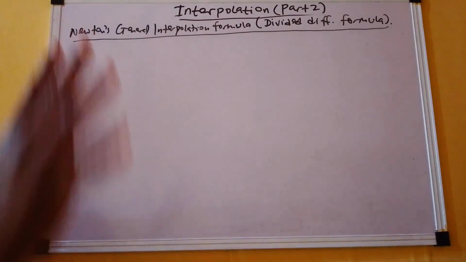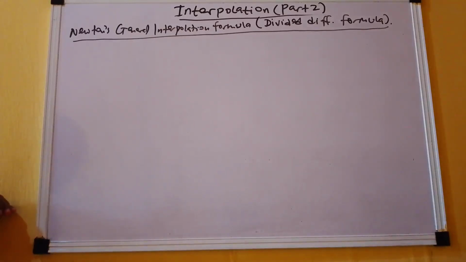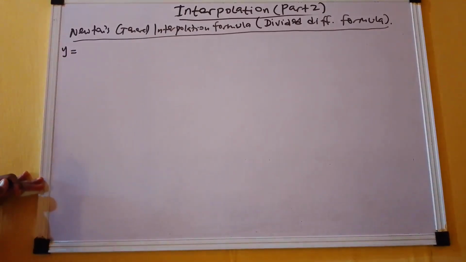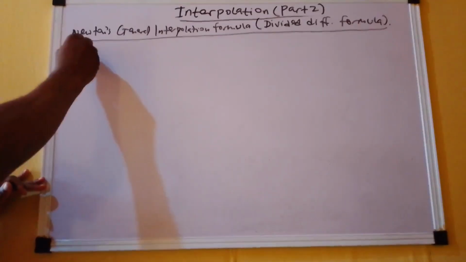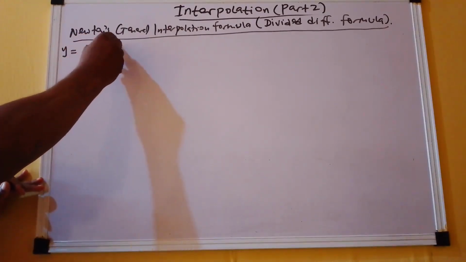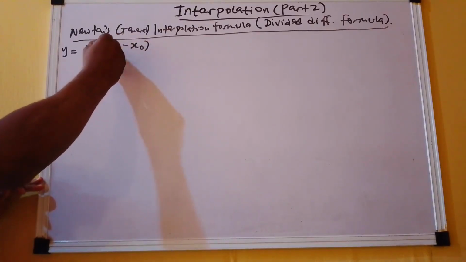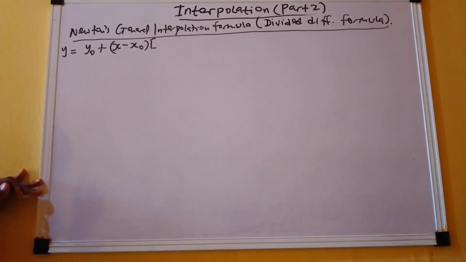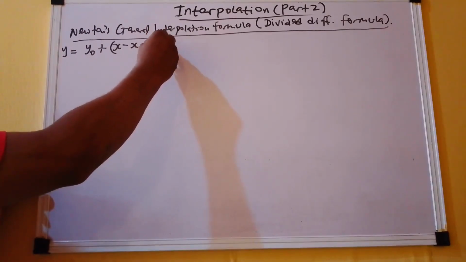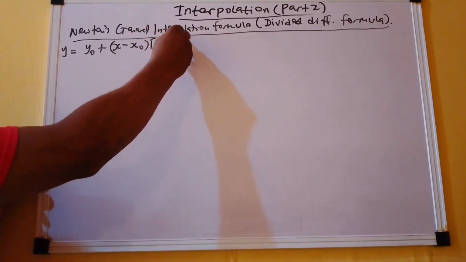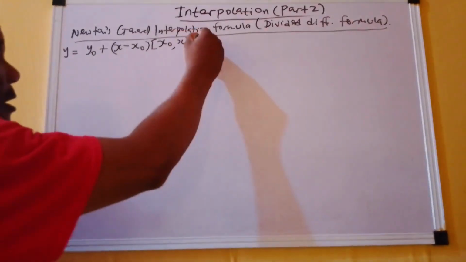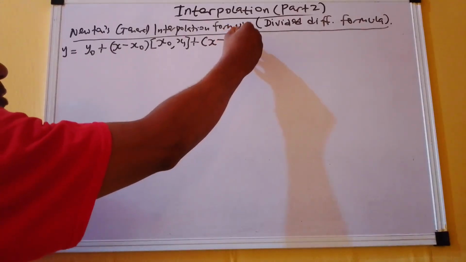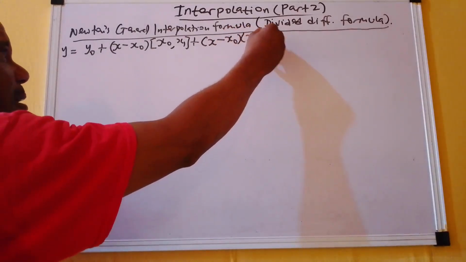So it's the Newton's general interpolation formula, and this formula is given as y equals y naught plus x minus x naught. Then the bracket is from the divided difference table. The bracket is x naught, x1, then plus x minus x naught into x minus x1.